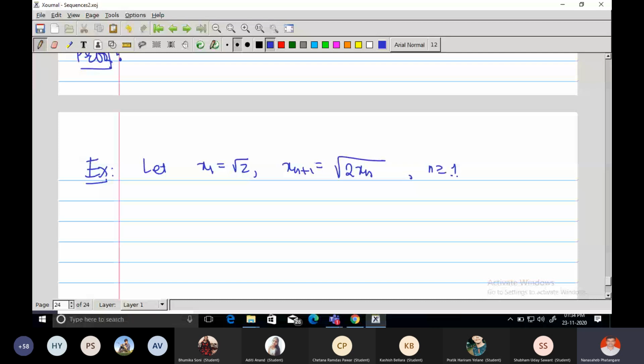In this way, we define a sequence. Do you understand? How do we define the sequence?